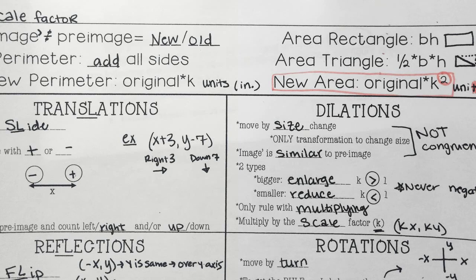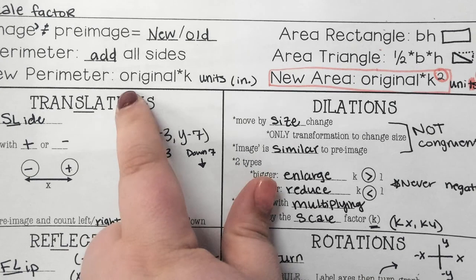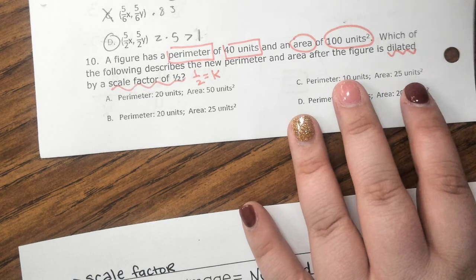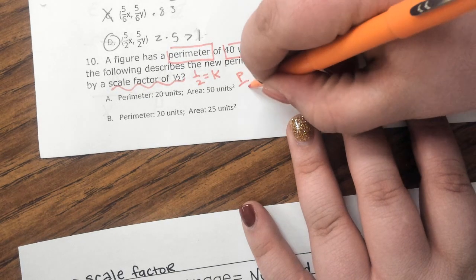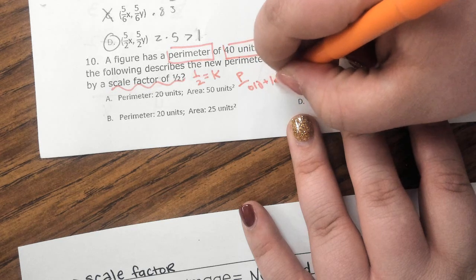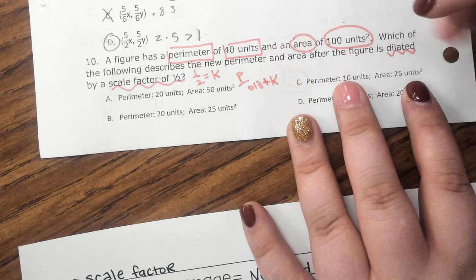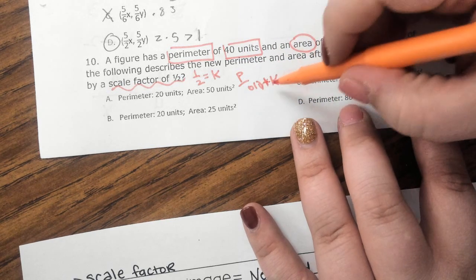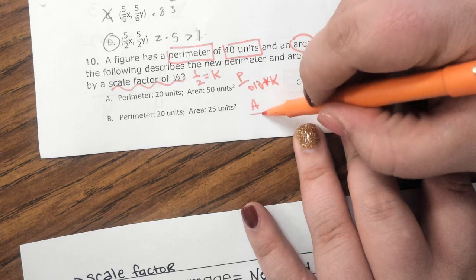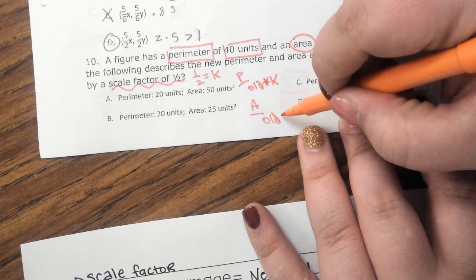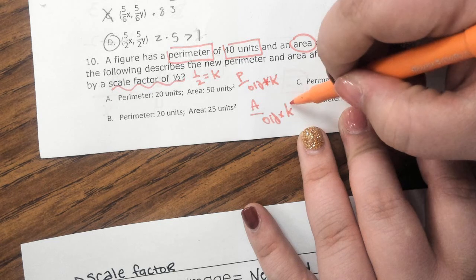K is a regular K. Where do I have regular units? Perimeter. So for perimeter, yes, you're taking the old times K.